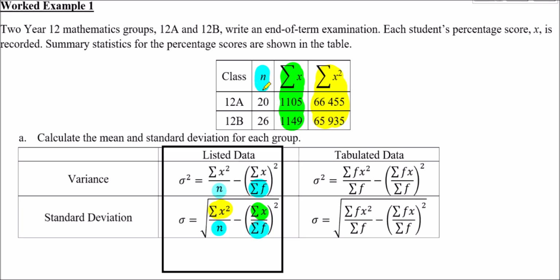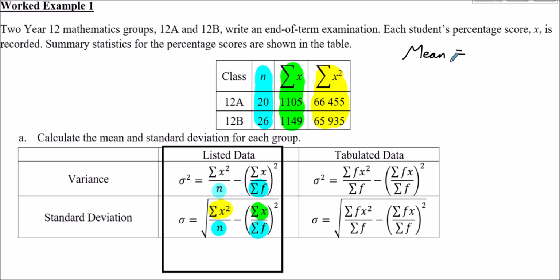I've been told these as well in this column here. What we need to do next is calculate the mean. This essentially is the mean. It's just the total of the x values divided by the total of the frequencies, which is given as n. So we need to do this for each group.